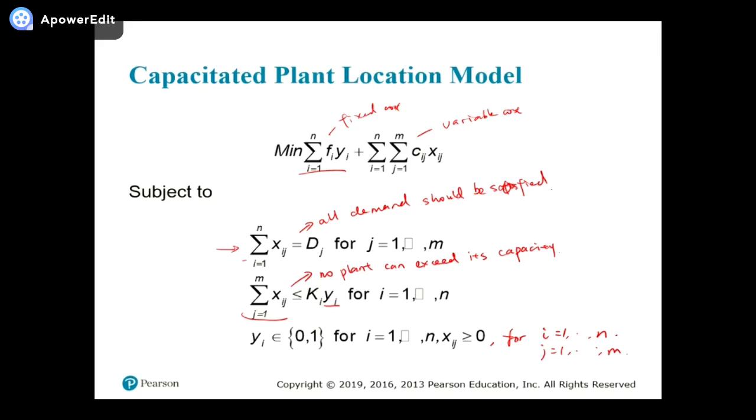To satisfy the demand. So is that condition taking into consideration the amount that it holds in its own location, and then the difference it is getting from the other plant? Yes. So, which is x11, right? That's the amount supplied by its own location. So that is included in this summation.